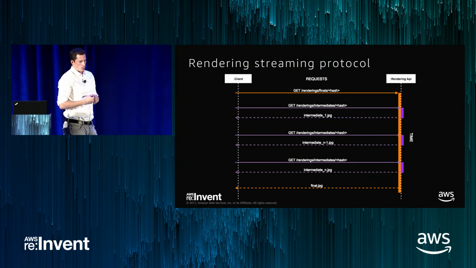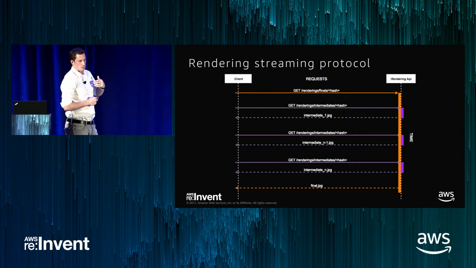So what we were doing is that the first orange line is a request to get a specific rendering. And then we open a long polling connection to our servers to retrieve all those little images in between. So you have a progressive stream of images. While you're rendering the image, we request those intermediate images.